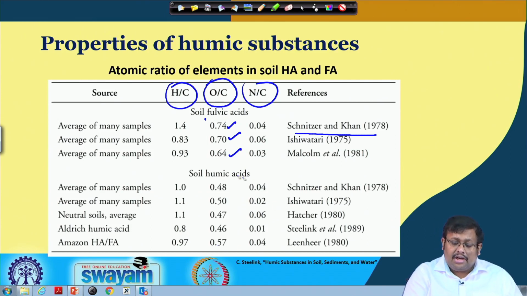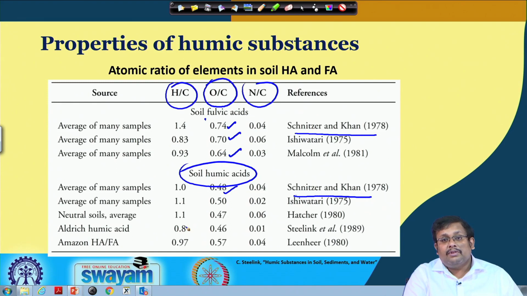However, in case of soil humic acid, the OC ratio is less than or around 0.50. Schnitzer and Khan calculated 0.48, Ishiwatari calculated 0.50, Hatcher calculated 0.47, Stevenson calculated 0.46, and Lin here also calculated 0.57, which is near 0.50.